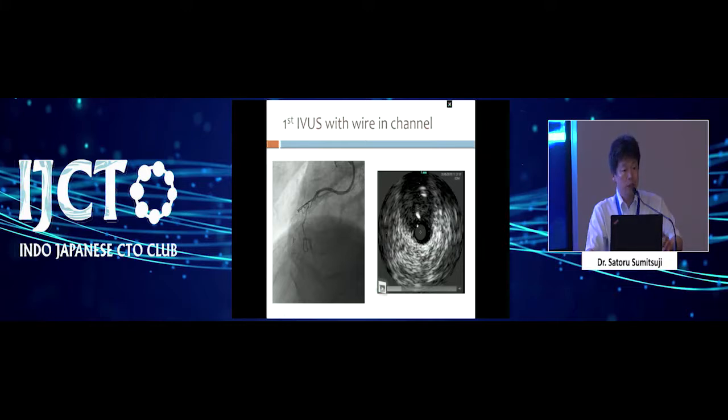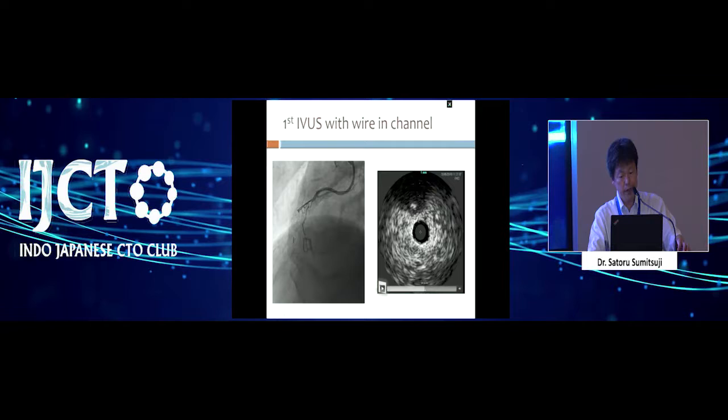And the key point is the position of this wire. Remember, if the wire once comes into the subintimal space around the entry, it may, not a may, it often makes the subintimal dissection and a failure. So how is this one? Carefully checking.